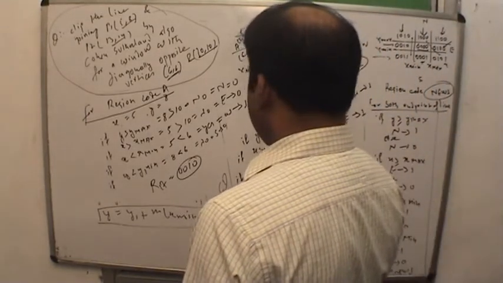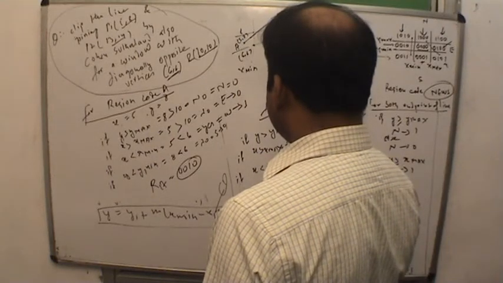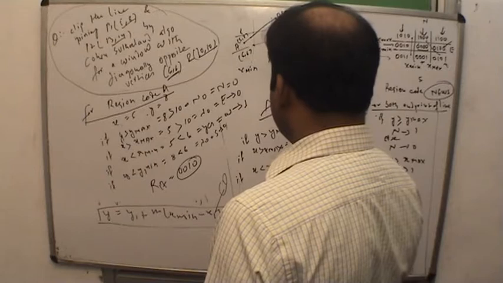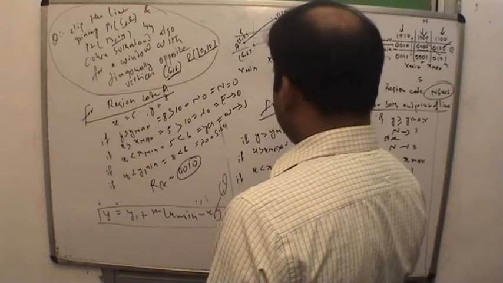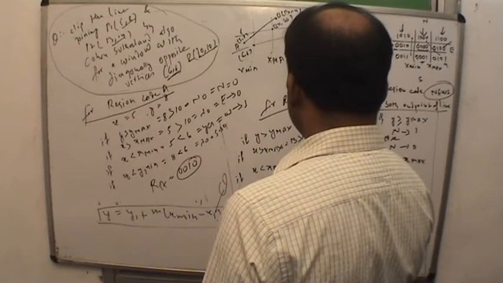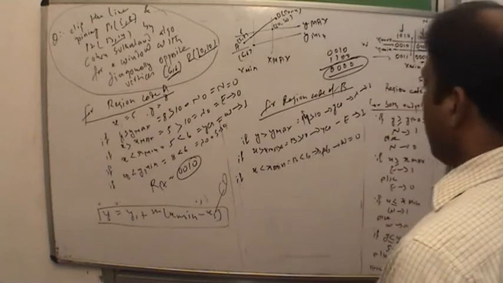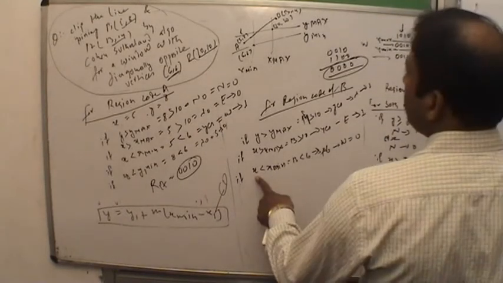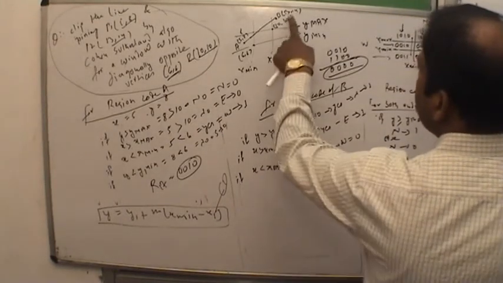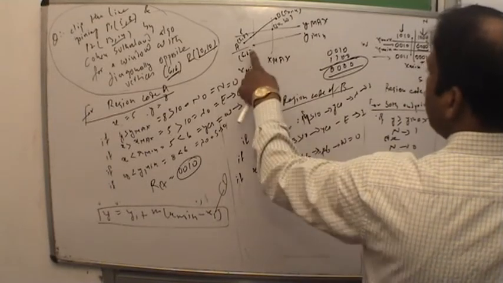And according to the third condition, if x is less than x min, then 13 less than 6, no. So we set west equal to 0. We have the value of x is 13 and x min is 6.